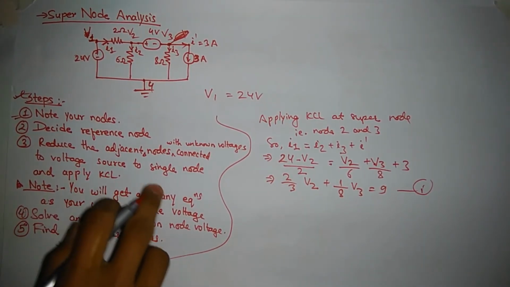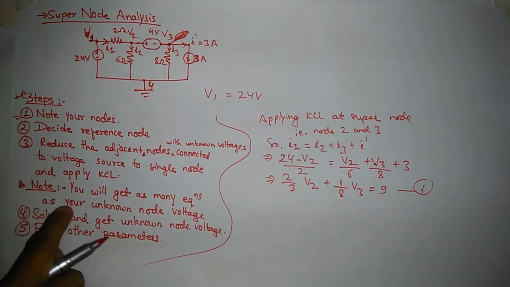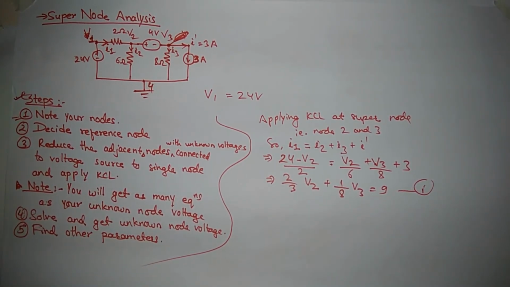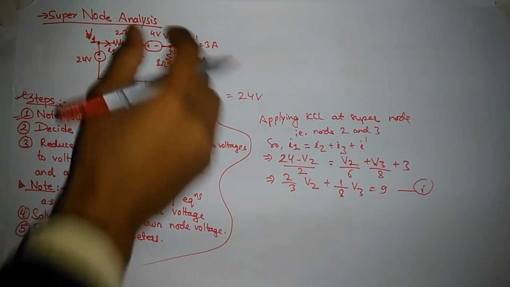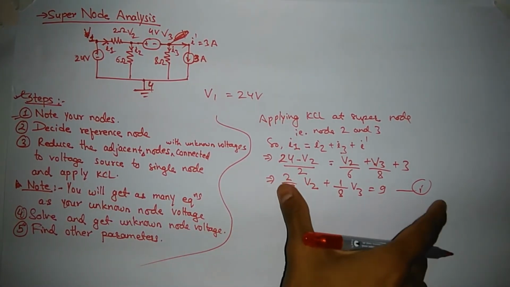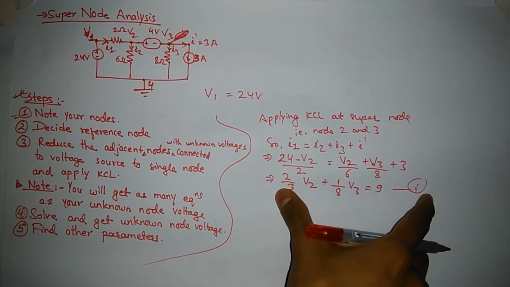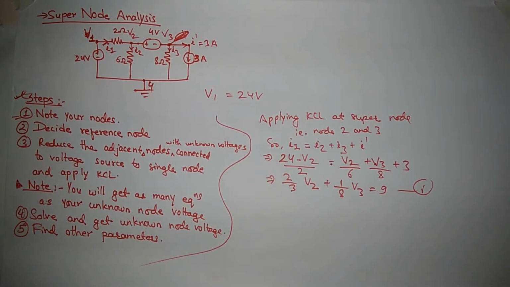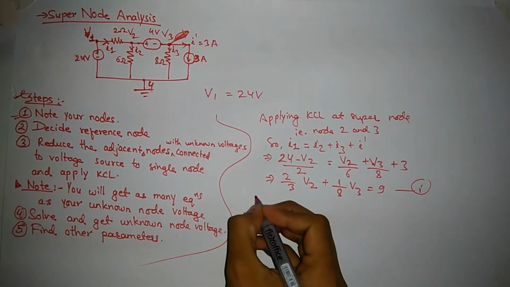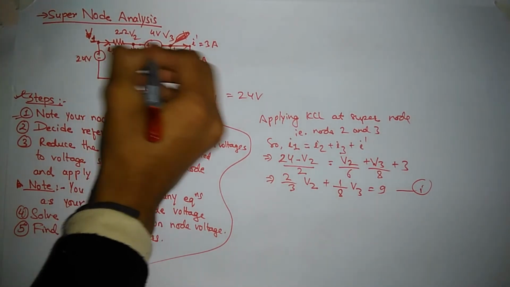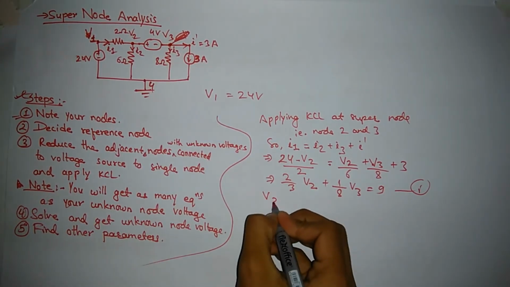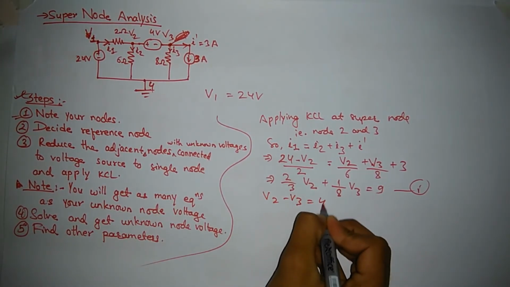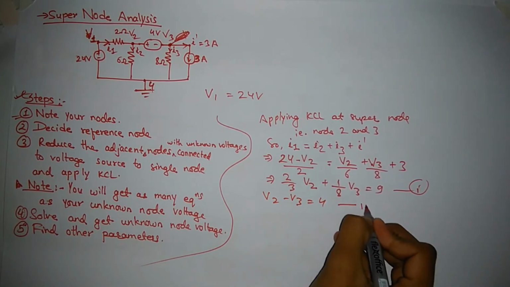You will get as many equations as your unknown node voltages. We have two unknown node voltages and I only get one equation. That is, you need to have two equations for two unknown node voltages, and we can easily get our other equation as V2 minus V3 is equal to 4 volt.